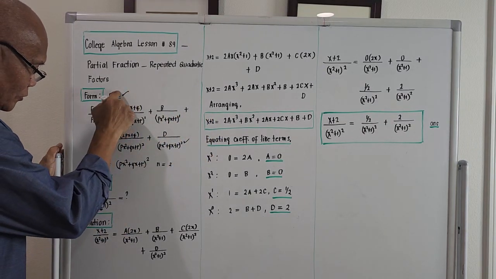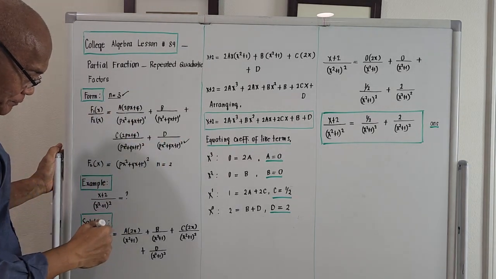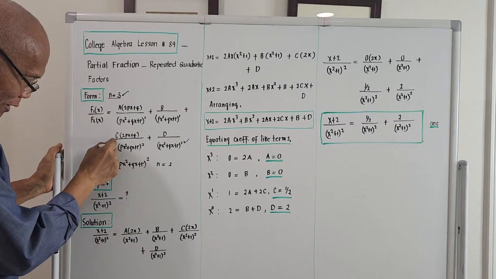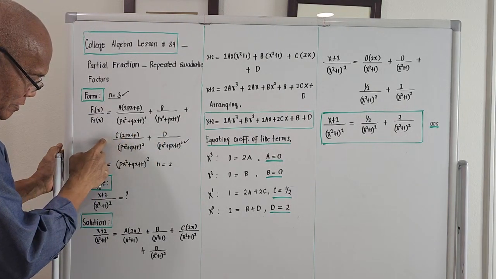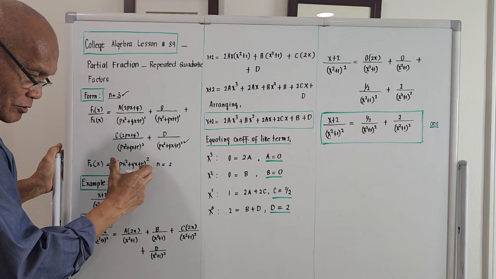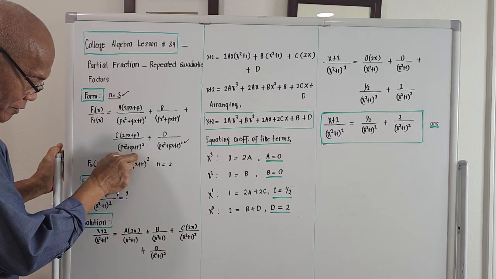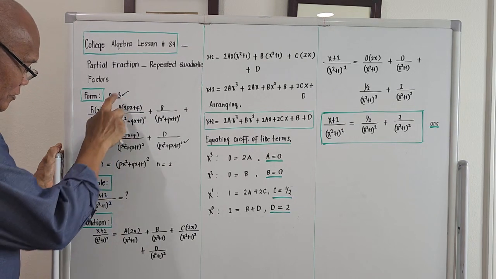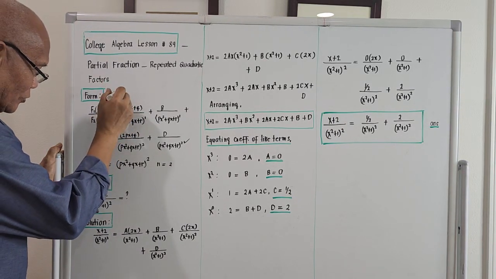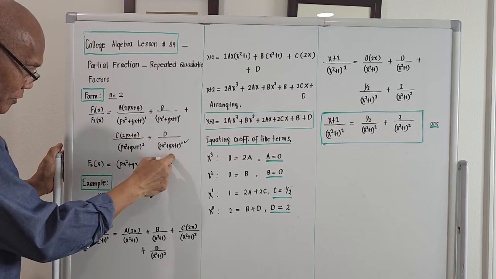If n is equal to 3, there will be 6, because we will add up another 2 constants. But the resulting denominator will be the given quadratic to the third power. So for n is equal to 2, there should be 4: 1, 2, 3, 4.